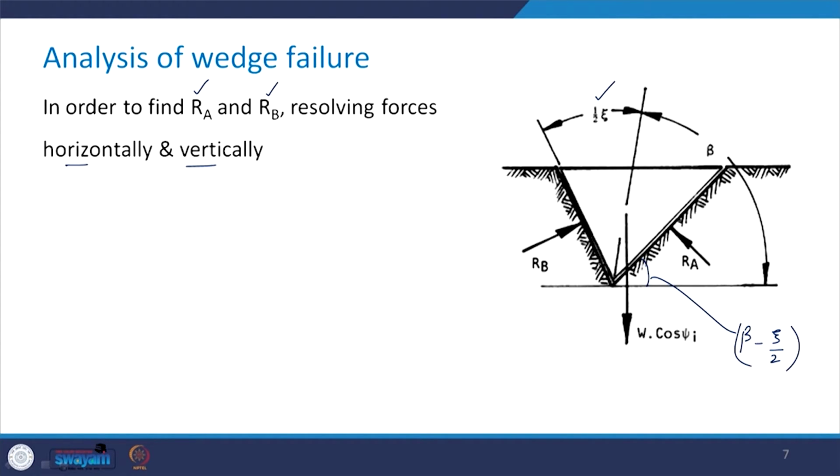And what about this angle? This is going to be 180 minus beta plus zeta by 2, because this whole angle is 180 degree and this much is beta plus zeta by 2, and if we subtract this whole thing from 180 degree, this is what we are going to get.